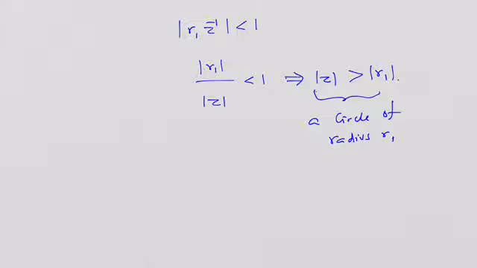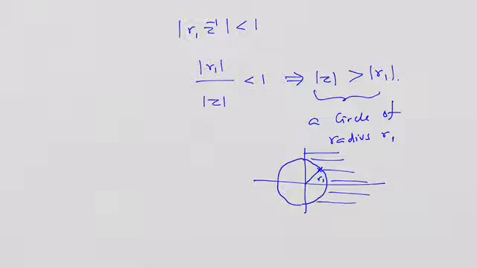So I can pictorially represent the same condition in the form of a diagram. Just see this diagram, a circle with radius r1. Just imagine that this is a circle with radius r1, and you can notice that we are talking about the region outside the circle, with modulus of z greater than modulus of r1, correct?